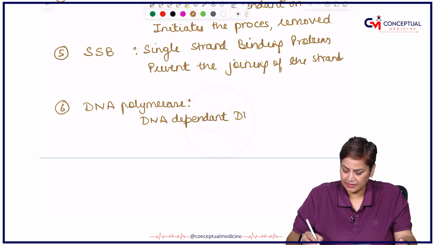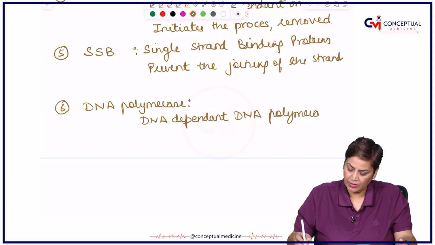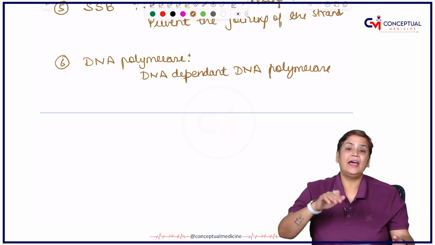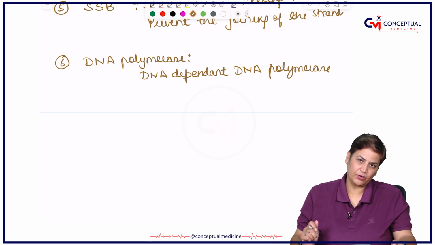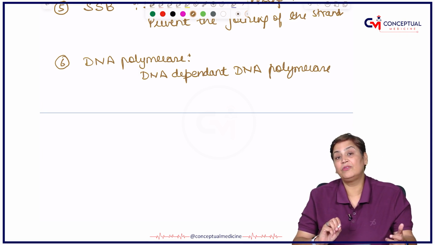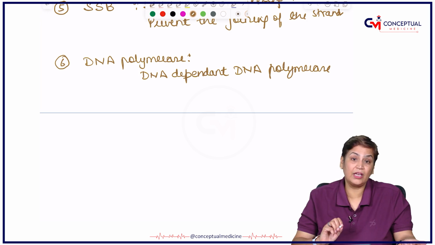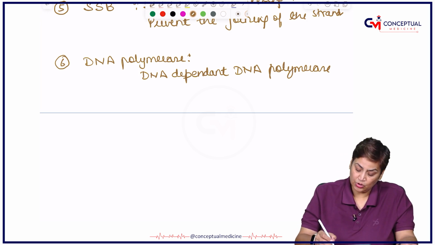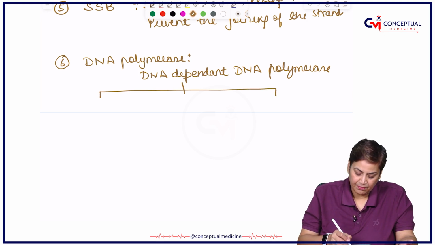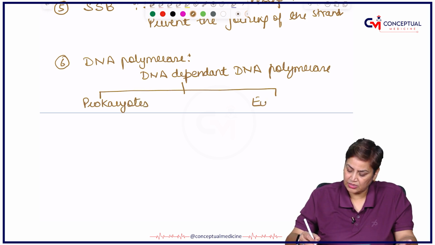Very important. Okay. So what is its function? It is simply accelerating the formation of daughter DNA, and this DNA polymerase is of different types in prokaryotes and eukaryotes.